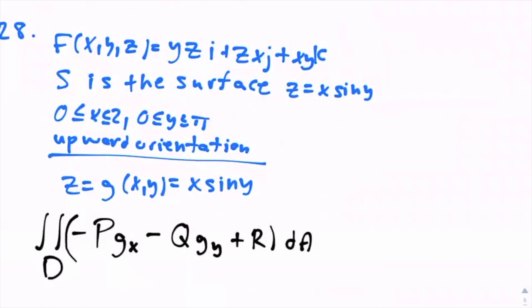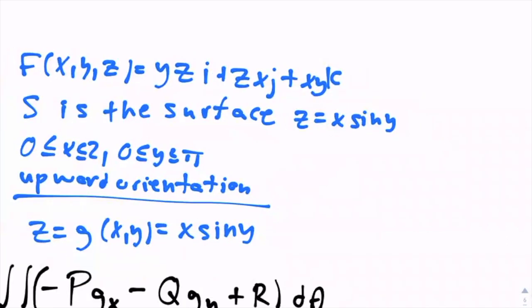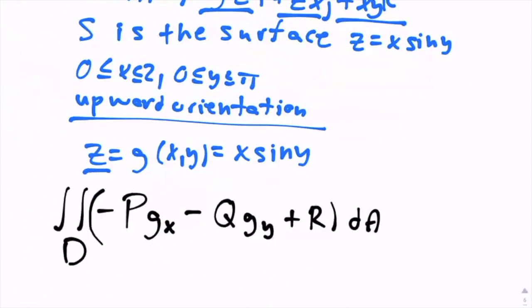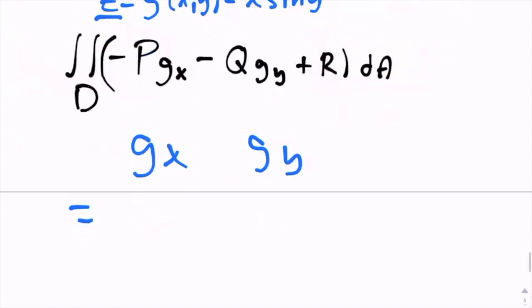Looking at our vector field equation, we already have our P value, our Q value, and our R value. Looking at our z, the only thing we need to do is solve for g sub x and g sub y.